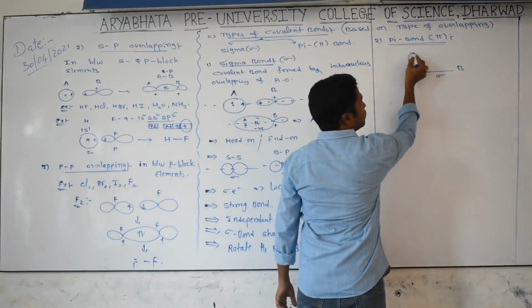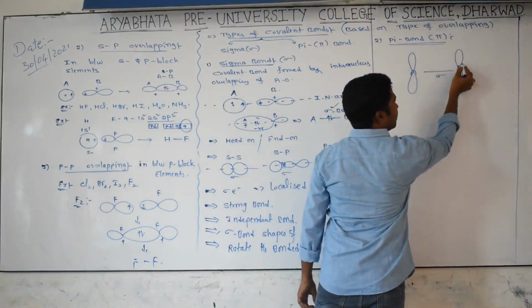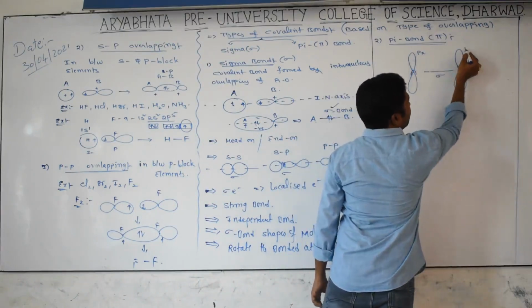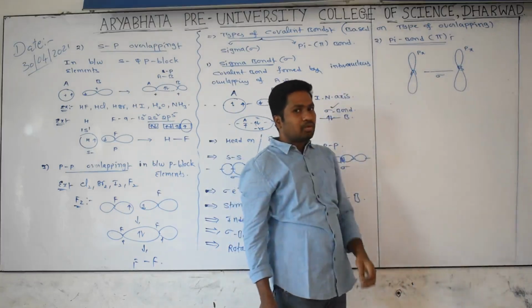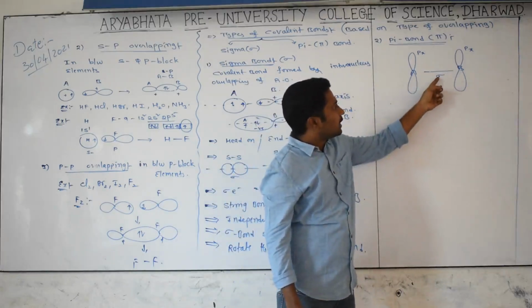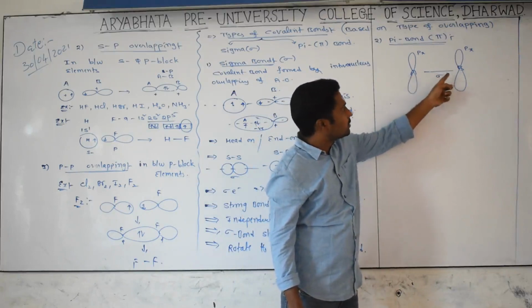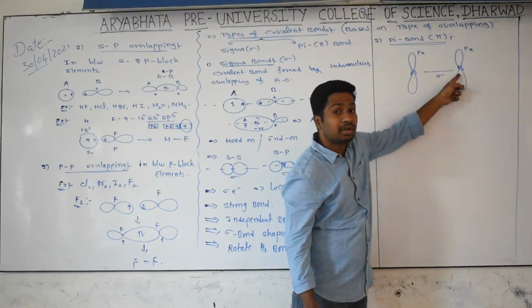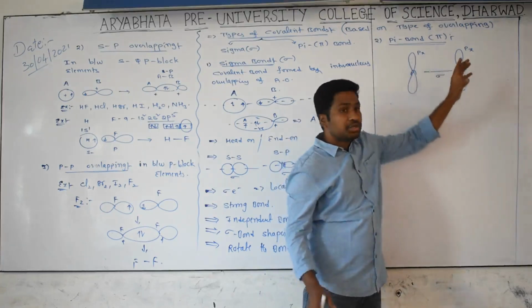After that, on those atoms some valence shell orbitals will be ready, for example a px orbital and a px orbital. What is the condition for pi bond formation? Already two atoms are connected with a sigma bond, and still the atoms have some vacant valence shell atomic orbitals that are parallel to each other.